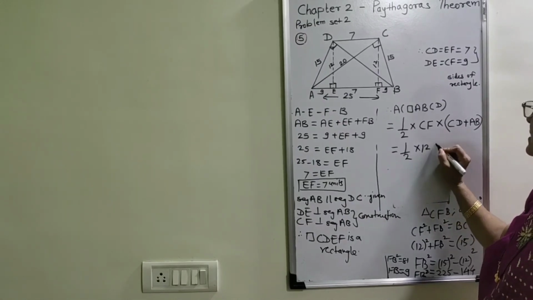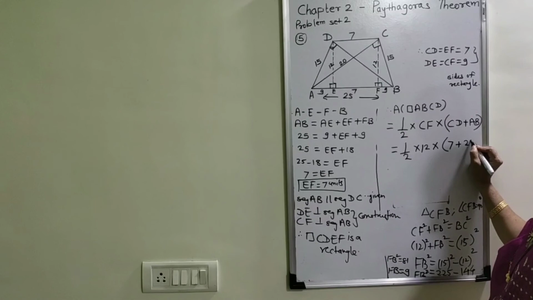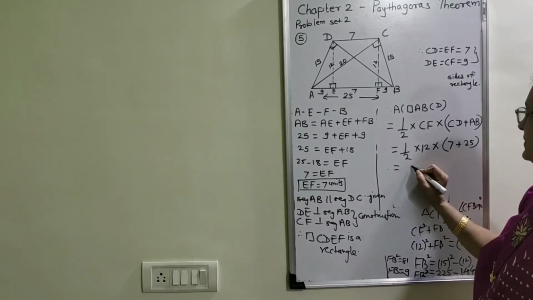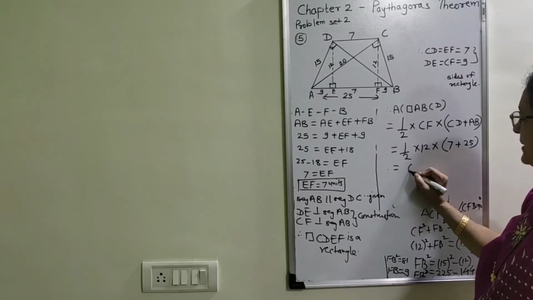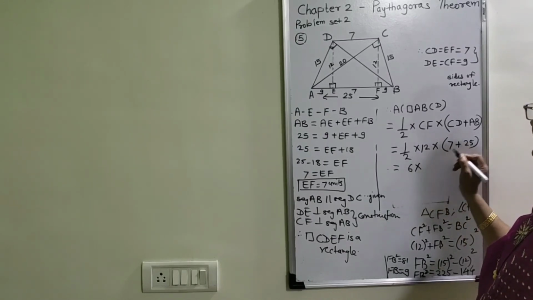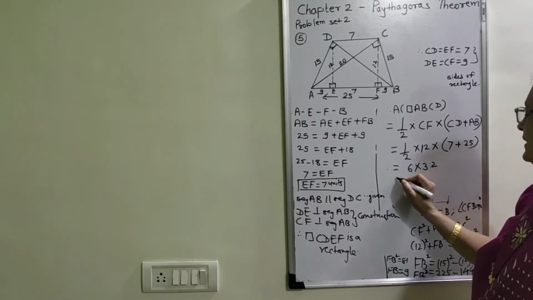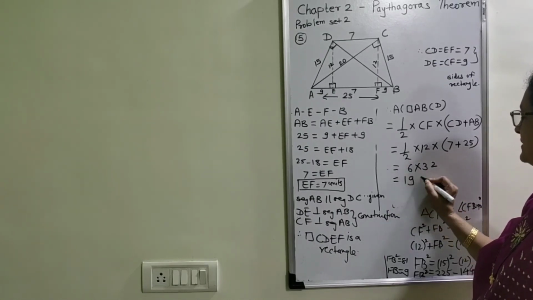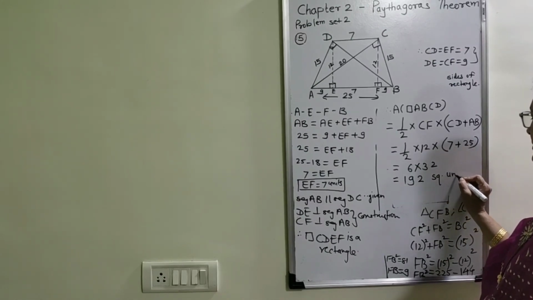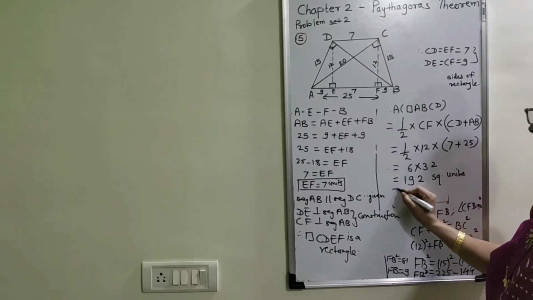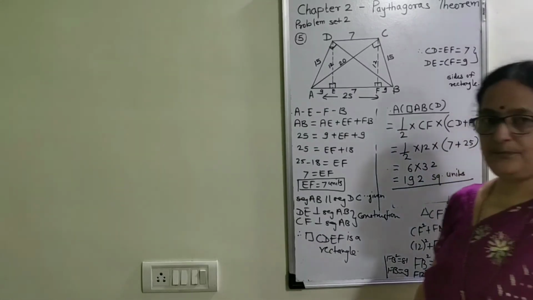Height is 12 and CD is 7. AB is given as 25, which is equal to, when I divide 12 by 2, I am getting 6, and 7 plus 25 is equal to 32 and therefore my final answer is equal to 192 square units. This is the area of given quadrilateral ABCD.